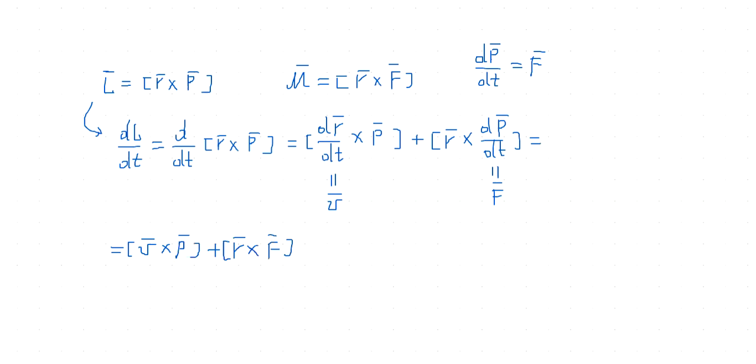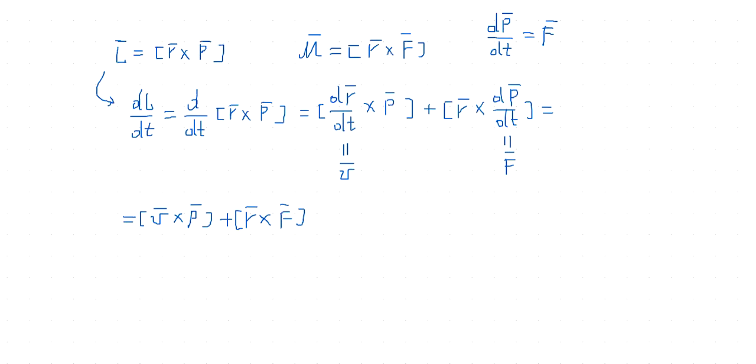And from one of our previous lessons, we can remember that momentum is equal to mass multiplied by velocity. It means that the vector of momentum has the same direction as the vector of velocity.